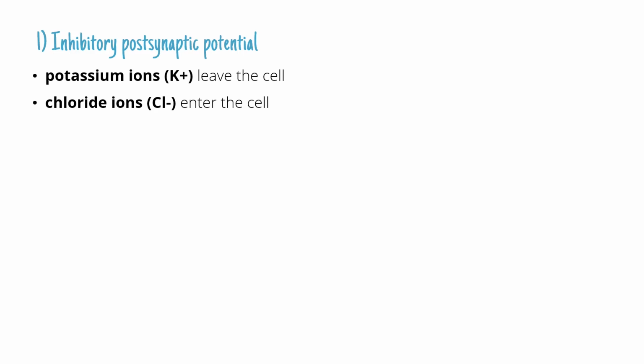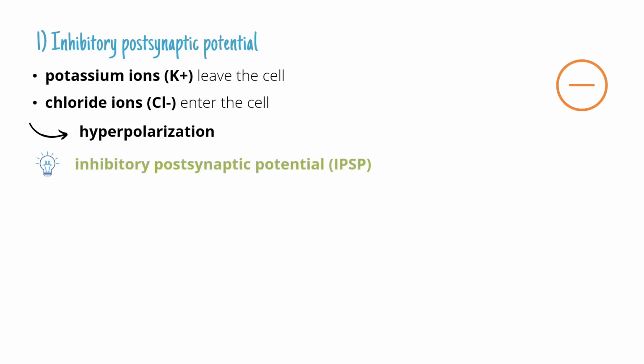Both potassium and chloride ions hyperpolarize, in other words, make the membrane potential even more negative. And this increased negativity beyond the normal resting potential level is called the inhibitory postsynaptic potential. So we use the excitatory postsynaptic potential when we talk about excitation, and inhibitory postsynaptic potential when we talk about inhibition.